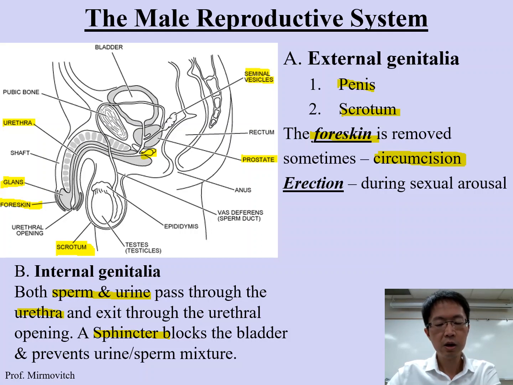Meaning that theoretically, when you are peeing, you cannot ejaculate, and when you are ejaculating, you cannot pee. The main reason is that when you are ejaculating, you are erect, and when you are erect, this sphincter is closed for the bladder.